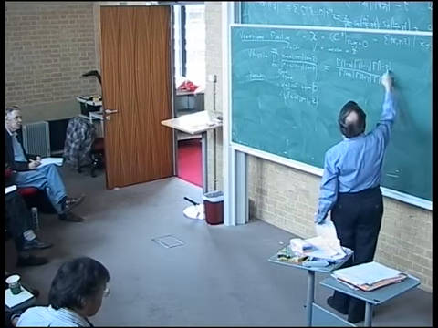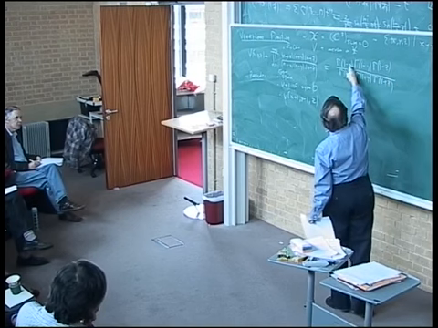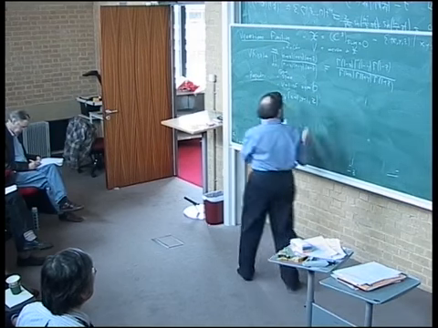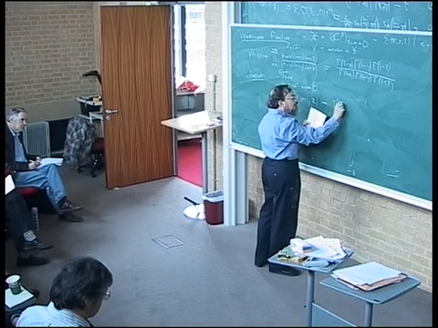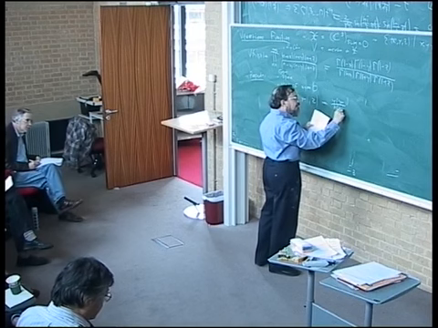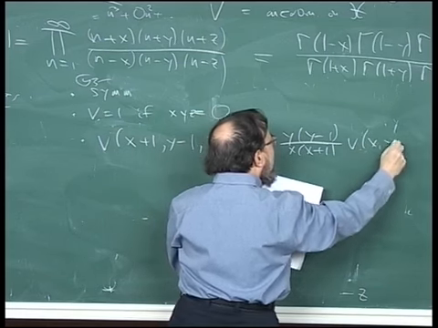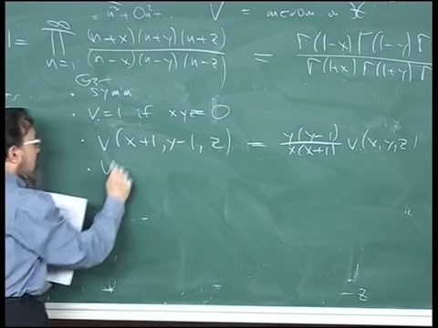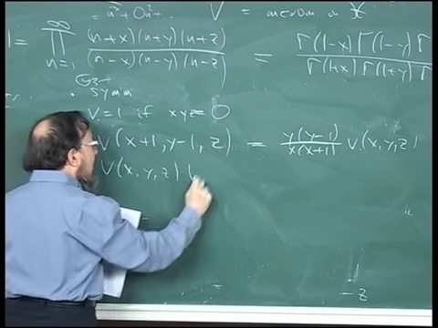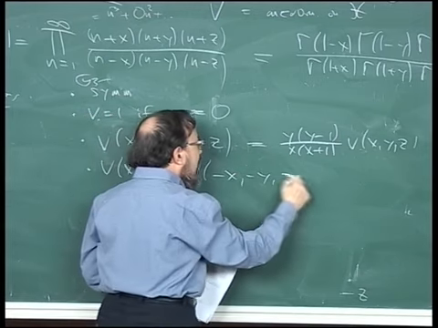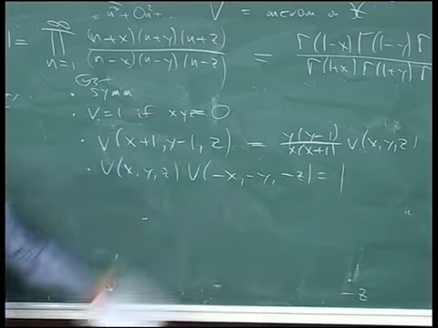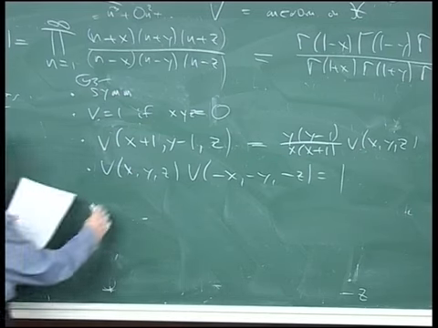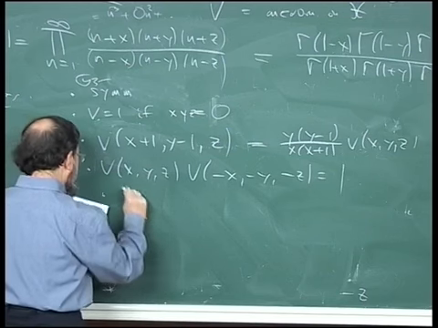I've changed x by 1, and therefore 1 minus x by 1, 1 plus x by 1, and 1 minus y, but gamma functions have a simple factor, so you immediately get the formula, and it's this. So these are all totally trivial properties. Then another property which is even more trivial is if you change the sign of x, y, and z, then you just invert the thing, because from either formula that's clear. And finally, it has simple poles.